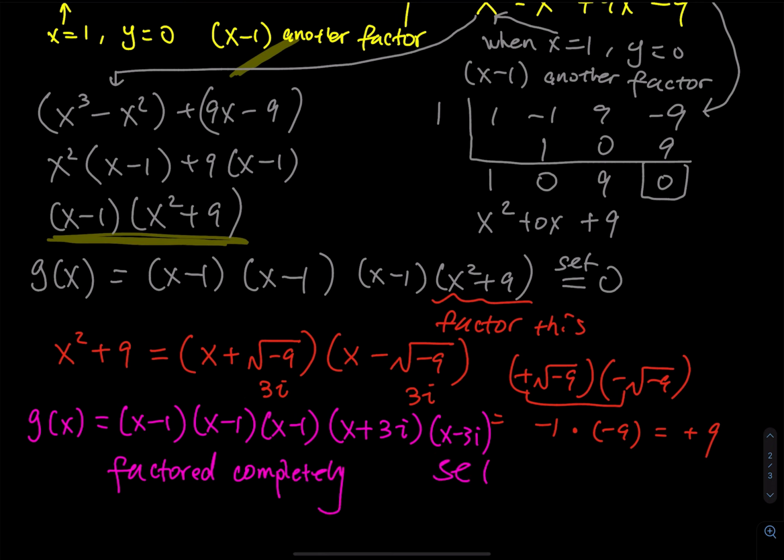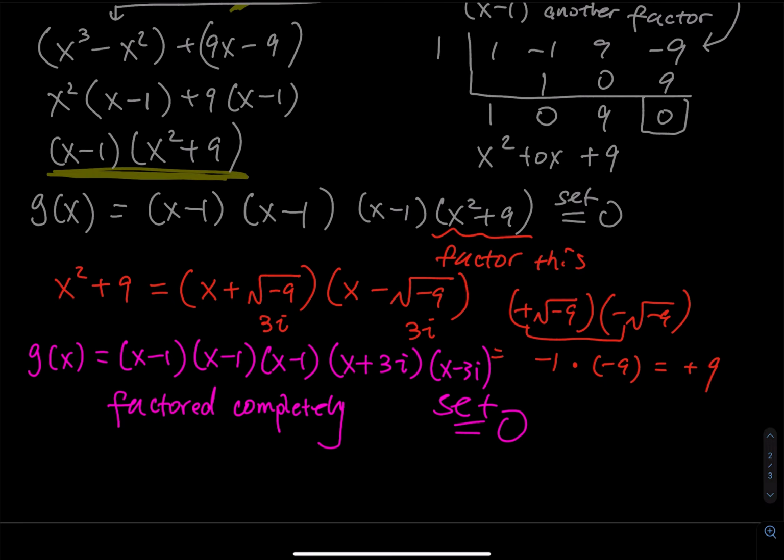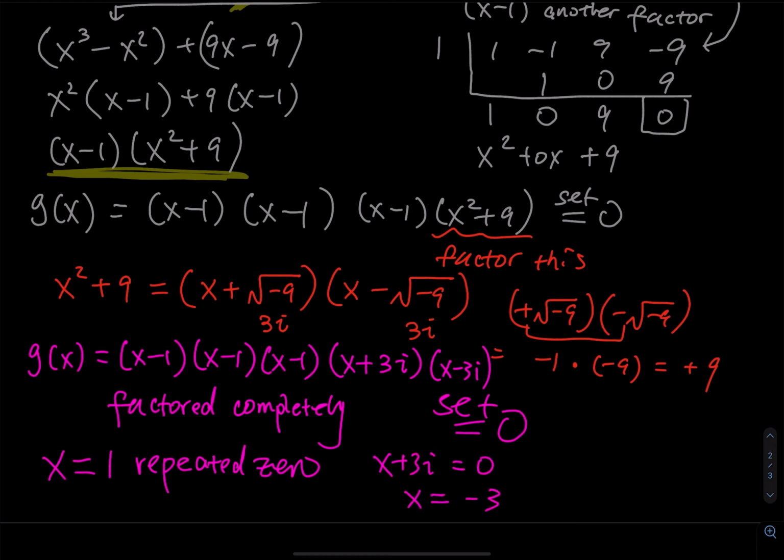And then when you set the whole thing equal to 0, you have x equals 1. So this is a repeated 0 because it's repeated 3 times, 1, 2, 3. And then you have x plus 3i equals 0, so x equals negative 3i.